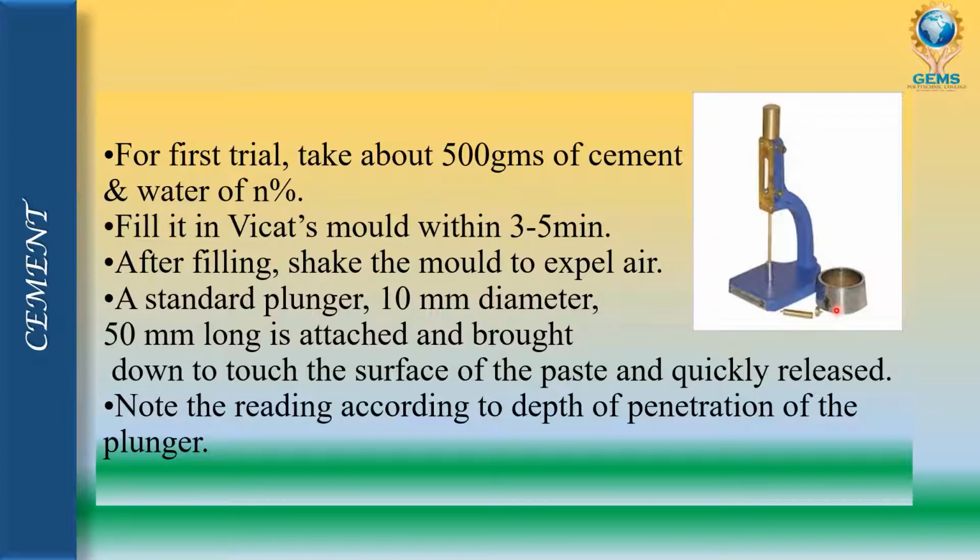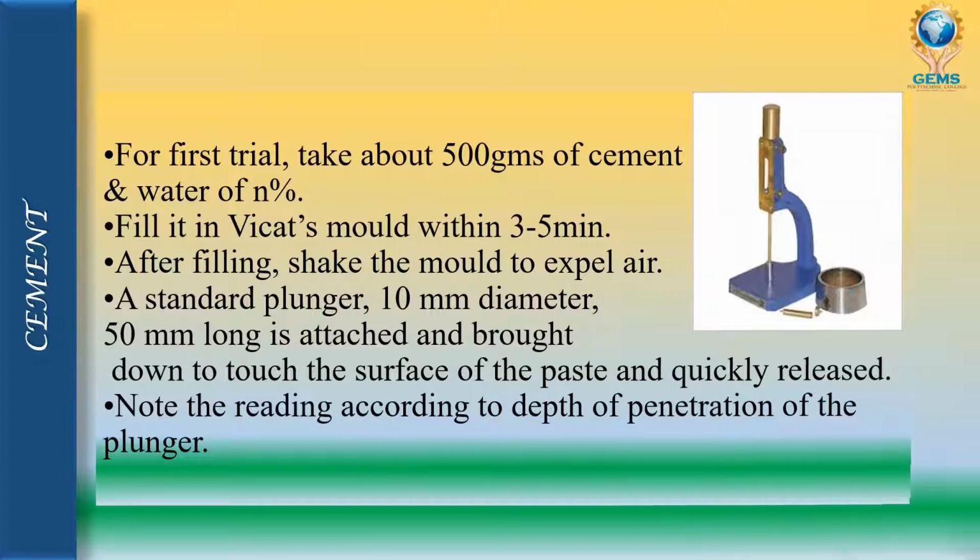After filling, shake the mold very well to expel the air. After expelling the air, we place the mold on the Vicat apparatus. The standard plunger of 10 mm diameter and 50 mm length is attached and brought down to touch the surface of the paste and quickly released. Note the reading according to the depth of penetration of the plunger.